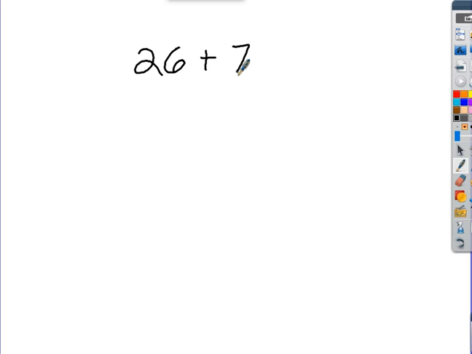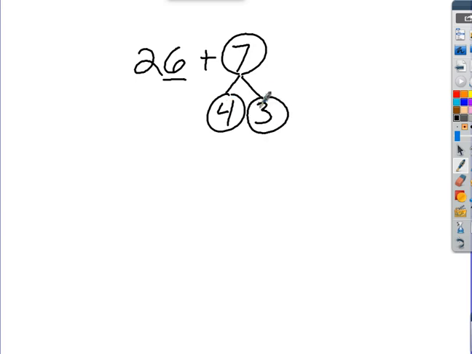Okay, so now we're back. If you follow the same procedure, you're going to look at the 6, the number in the ones place, and say 6 plus what will equal 10? 6 plus 4. So we're going to break our 7 into a 4 and a 3. So we now have that number bond: 4 plus 3 is 7.